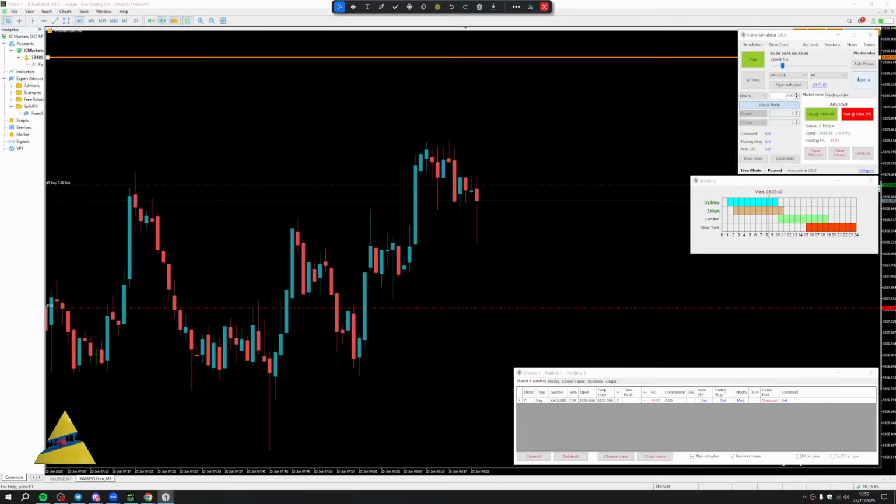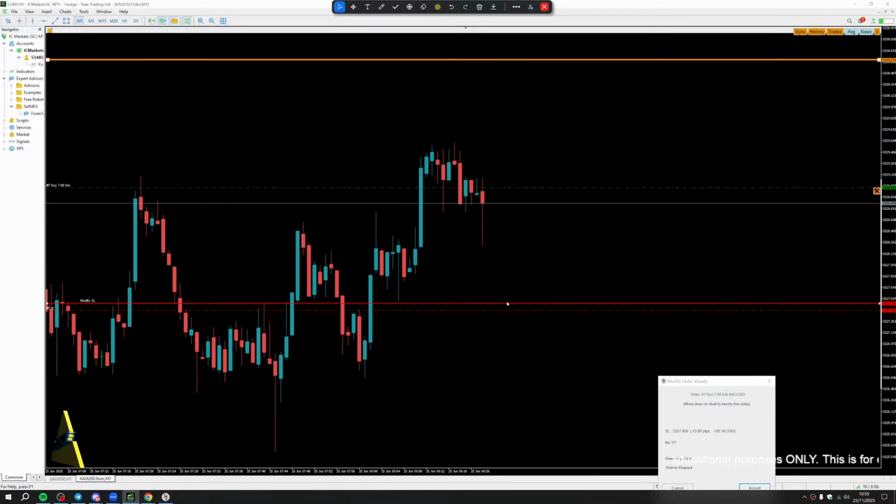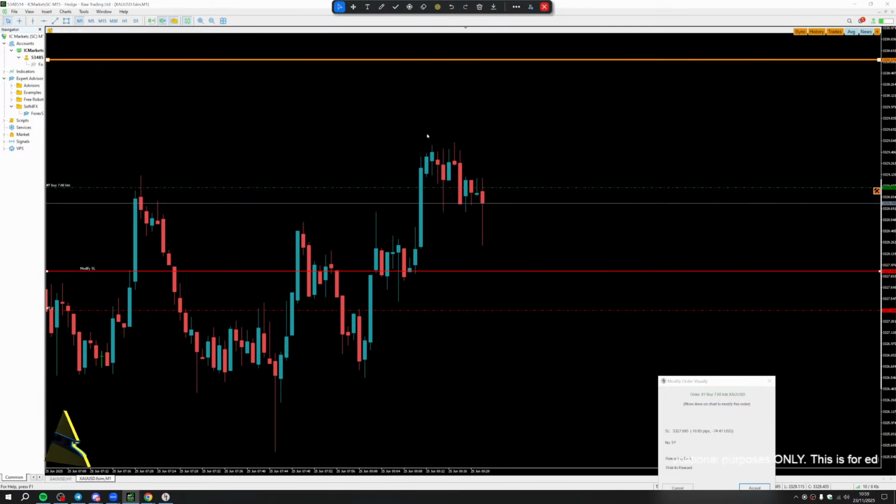Let's see. All right, so what I'm going to do is move my stop loss here a bit more. I'm going to reduce my risk because this is now giving me signs that this can be a losing trade. So I don't want to be involved in a trade like this when it's going to give me a hard time like this.